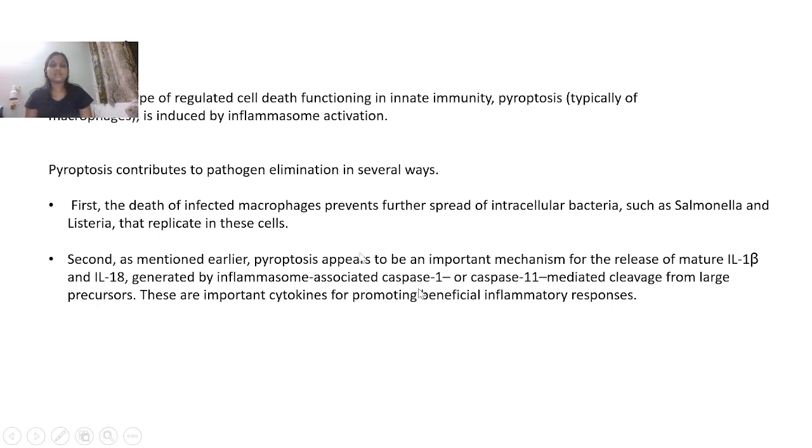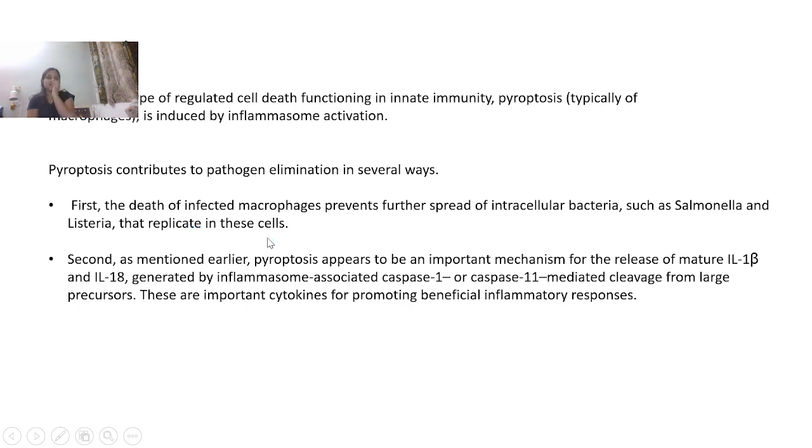Pyroptosis can contribute to pathogen elimination in different ways. First, the death of the infected macrophages prevents further spread of intracellular bacteria such as Salmonella and Listeria that replicate in these cells.